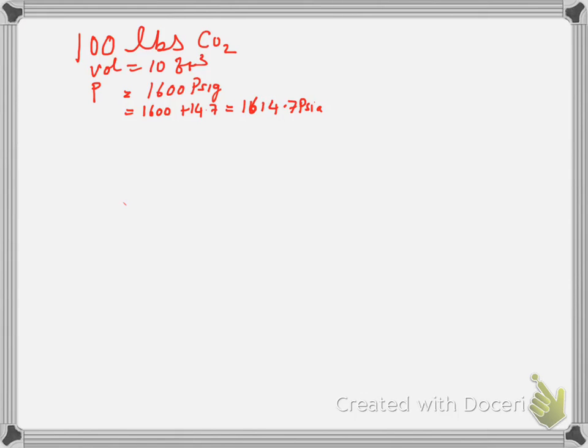Now, we know the pressure, we know the volume. Do we know how much gas is in there? Yes, 100. So n is equal to the number of moles, equal to 100 pounds, which is the mass, divided by 44 pounds in a pound mole.